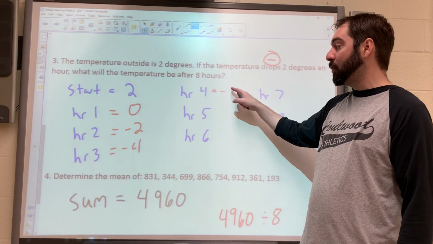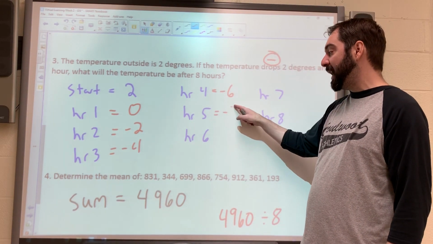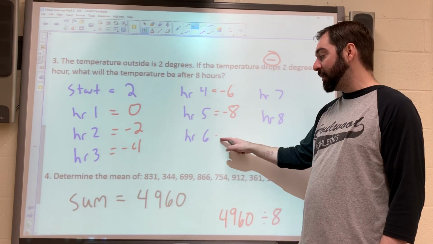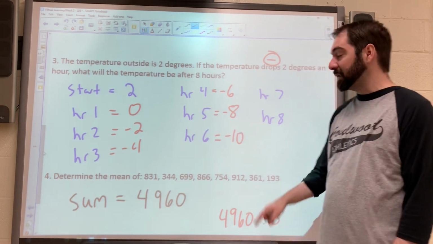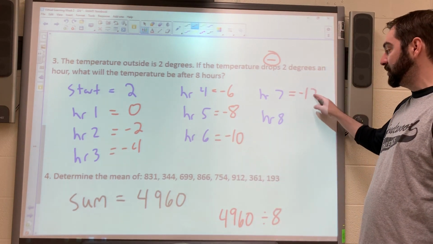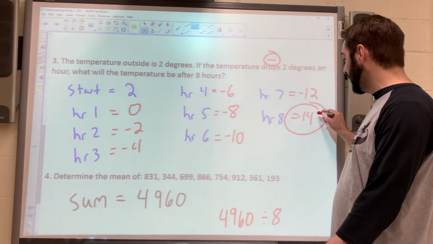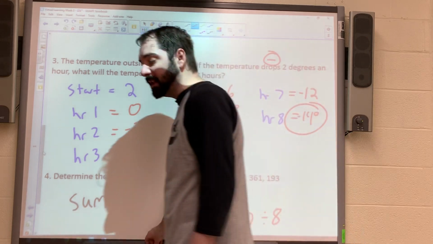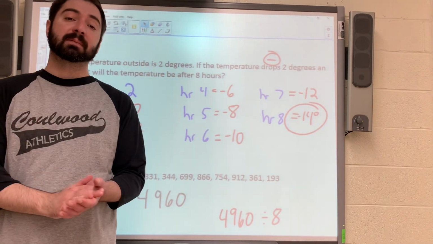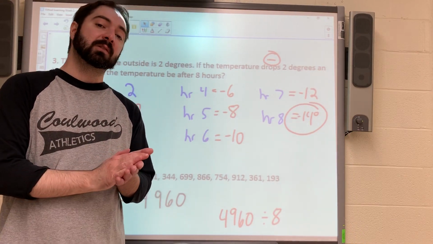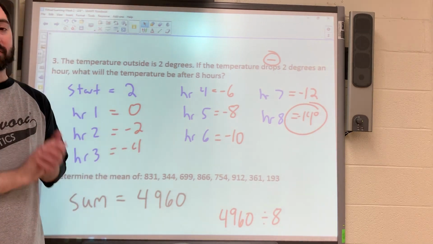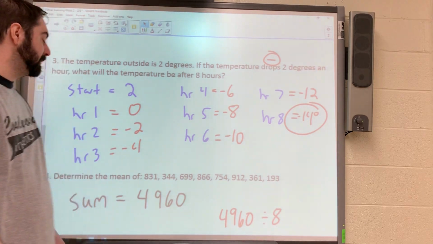Hour number 4, 5, 6, 7, another 2 degrees each hour. Hour number 8, it ended at -14 degrees. If you're doing these problems a different way and your strategy's been working all week, there is more than one way to do these problems, and it will work as long as you are doing it without a calculator.